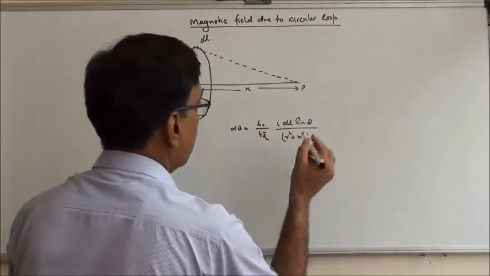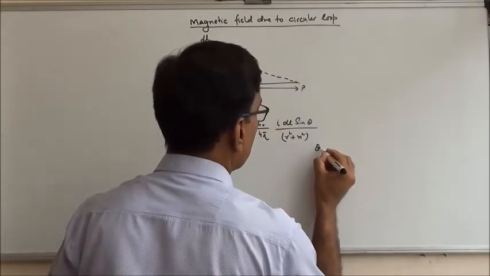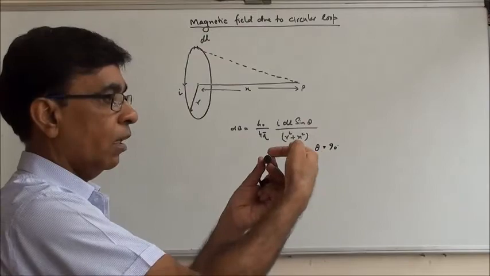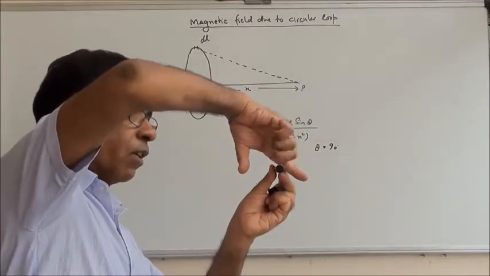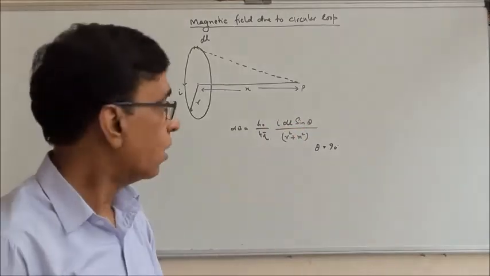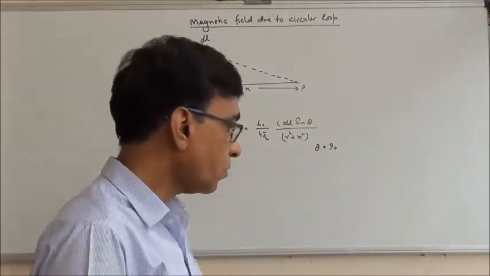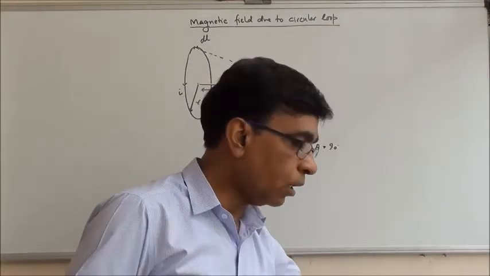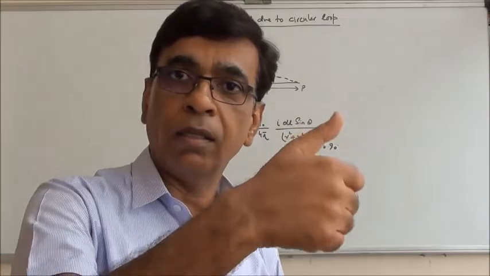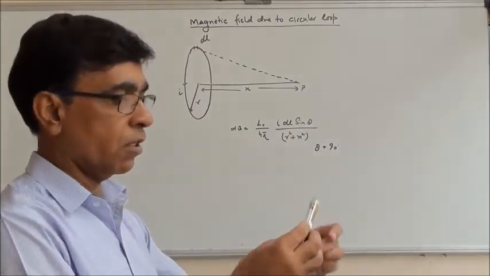Try to understand it very carefully. Theta is 90 here. dl is tangential and this is the vector. So you need this angle. Theta is 90. Okay, what is the direction of dB now? To find out the direction of dB, we have to apply either this rule or this one is easier again. I will suggest you to apply this.